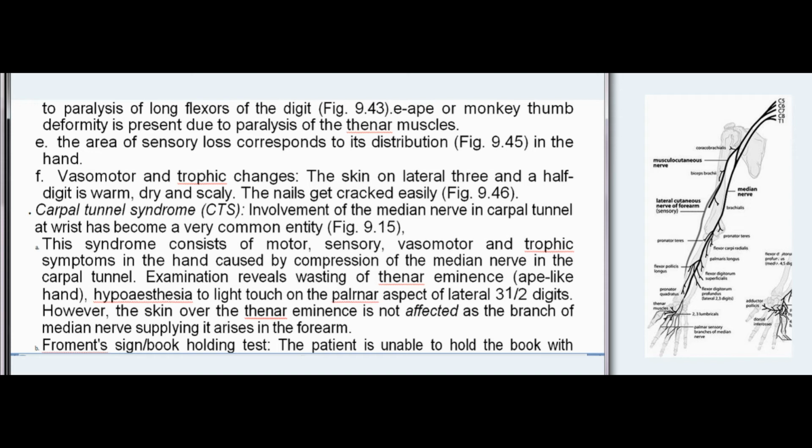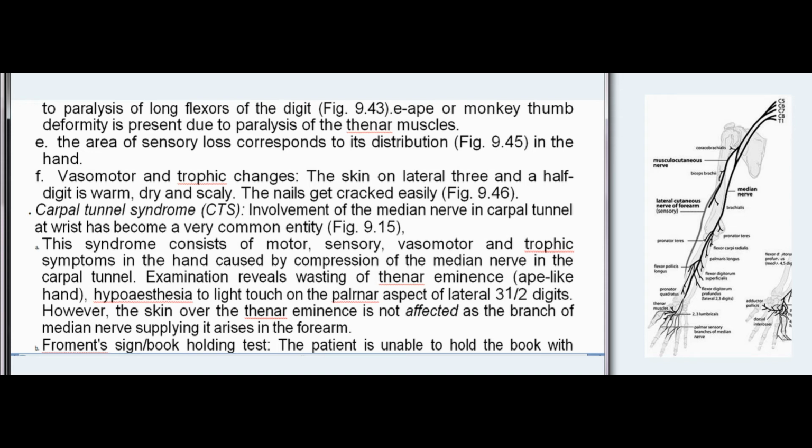Carpal tunnel syndrome, CTS. Involvement of the median nerve in the carpal tunnel at the wrist has become a very common entity, Fig 9.15. This syndrome consists of motor, sensory, vasomotor and trophic symptoms in the hand caused by compression of the median nerve in the carpal tunnel. Examination reveals wasting of the thenar eminence, ape-like hand, hypoesthesia to light touch on the palmar aspect of lateral 3½ digits.